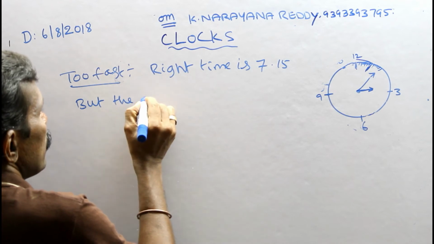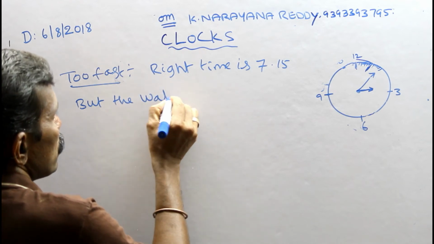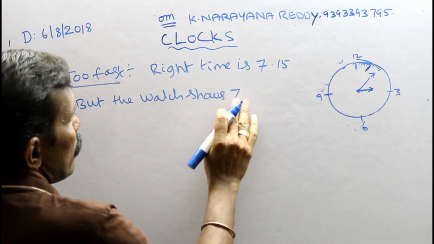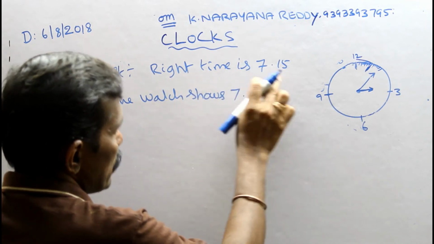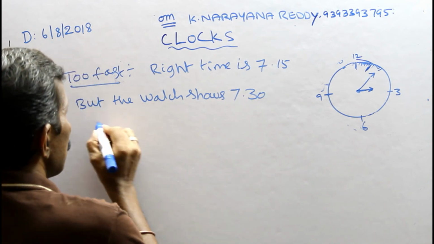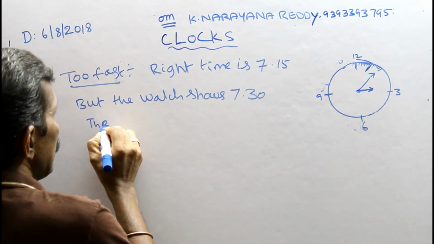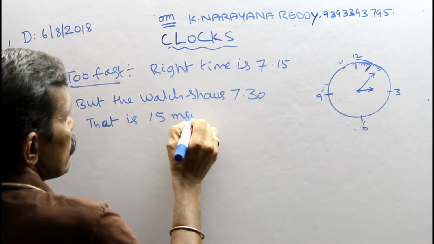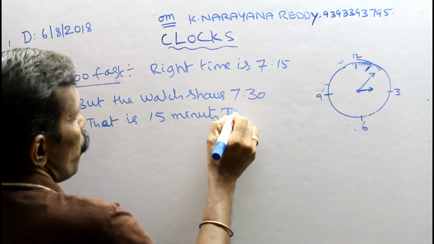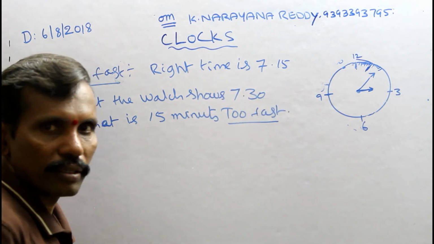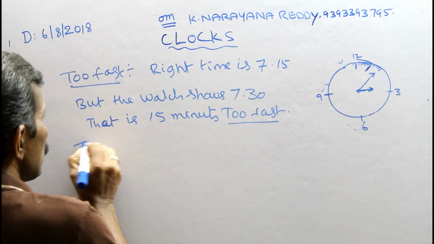But the watch shows 7:30. That is 15 minutes too fast. That is important. Okay. Next one is too slow.